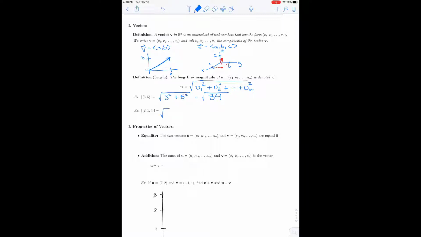In 3 dimensions, the distance of the point (2, 1, 4) to the origin is the square root of 2 squared plus 1 squared plus 4 squared. That is equal to the square root of 4 plus 1 plus 16, or the square root of 21. We will be finding the lengths of many vectors as part of this lesson and future lessons.